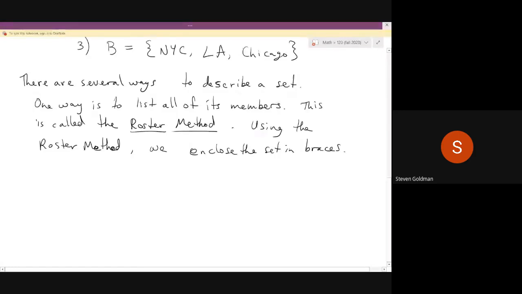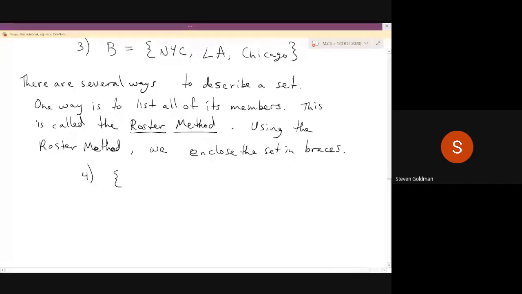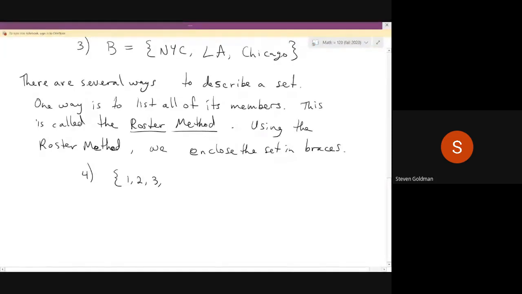Okay. Another example of a set. Now, sometimes my set is very, very large. Let's say I want to deal with the integers, the whole numbers from 1 to 100, and I want to list them out using the roster method. So instead of listing them all out, a lot of times what we do is list the first couple of elements so that you can see what the pattern is, if there is a pattern. And then I write 3 dots, which are called an ellipsis, to indicate that the pattern continues.